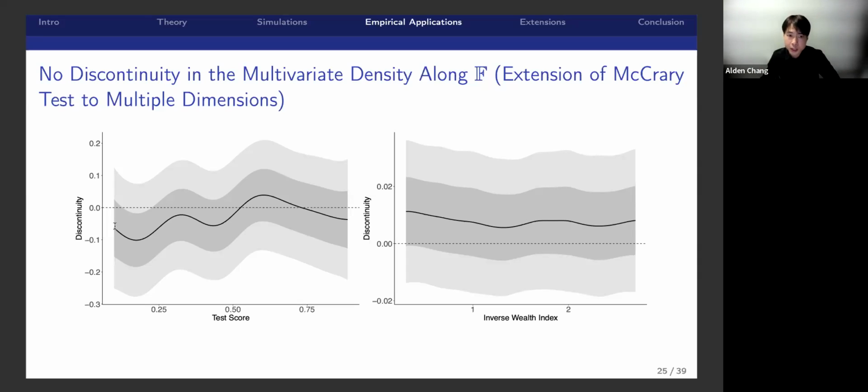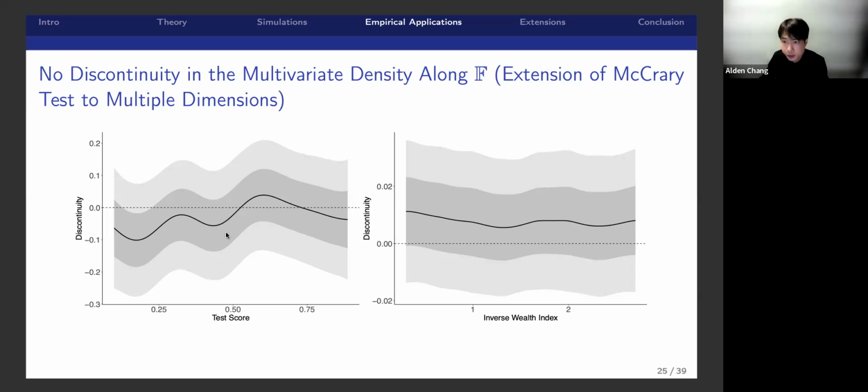What we want to see in a valid MRD design is that the estimated discontinuity in the density function along the treatment frontier is close to 0 or not statistically different from 0. The dark gray regions correspond to the pointwise confidence intervals, and the light gray regions correspond to the simultaneous 95% confidence bands.